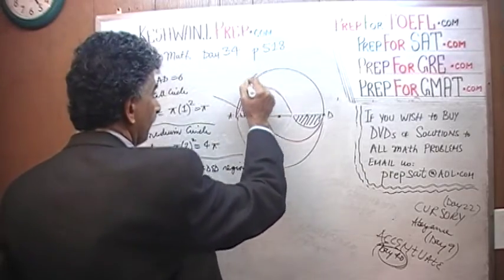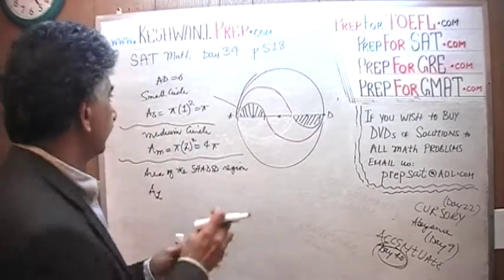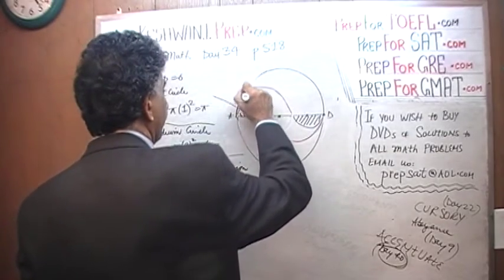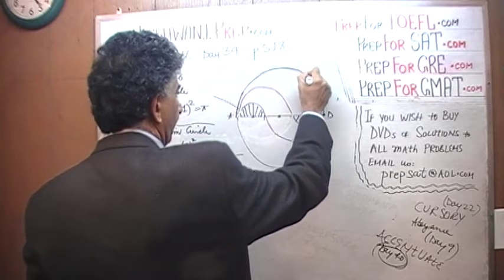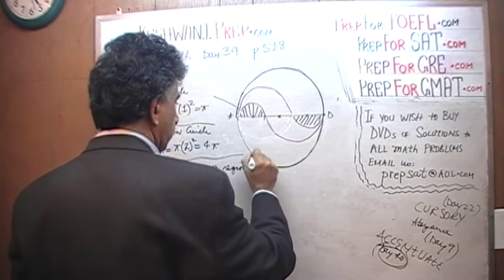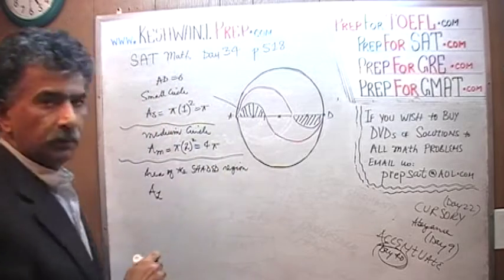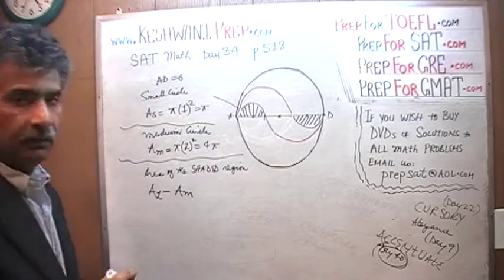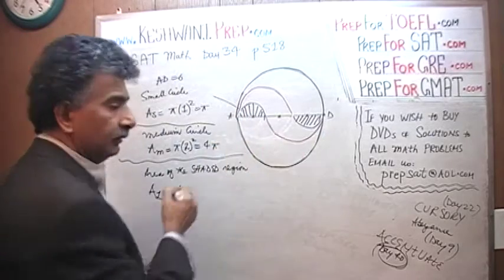area of the large circle. Area of this large circle minus the area of the medium-sized circle, which is this red part right here.